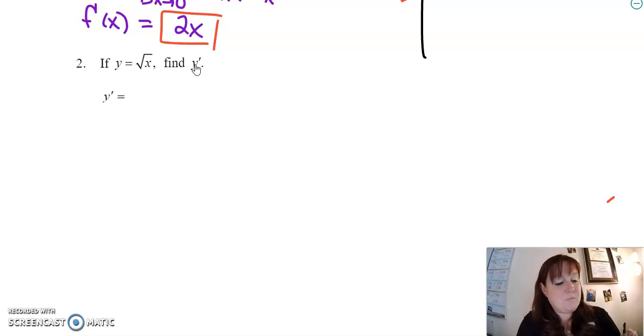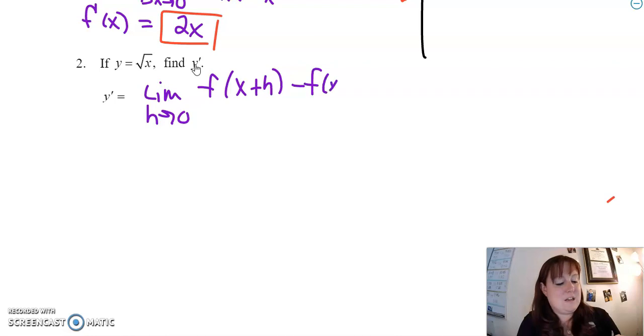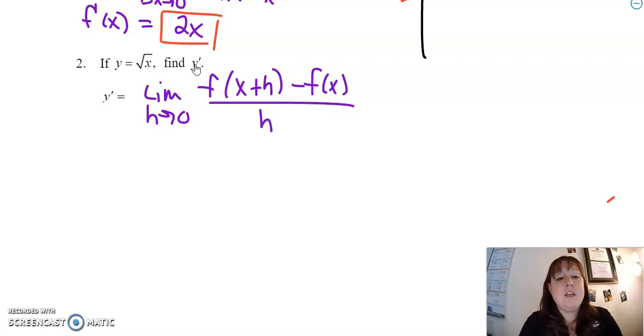So y prime equals the limit as h approaches 0 of f of x plus h minus f of x all over h. So now I just plug these in.